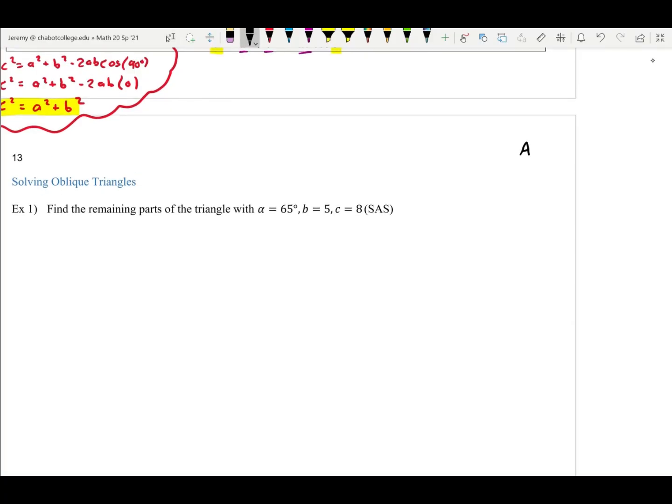Alpha is the angle at A, so 65 degrees, that looks something like that. And then the side length b is 5, so that's over here. And then the side length c is 8, so I'll just make sure that's long enough there.